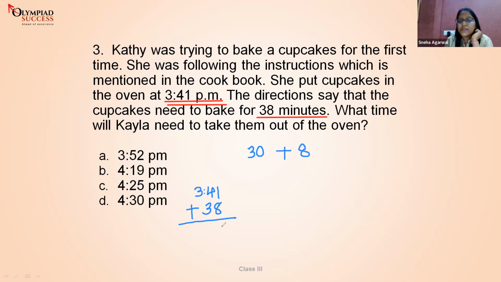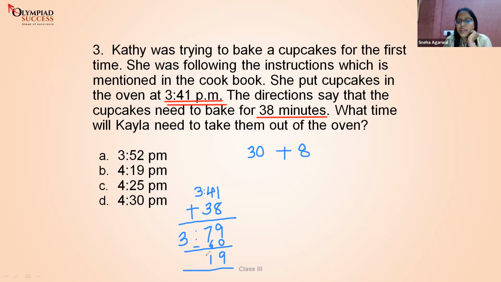This is 8 plus 1 as 9, and 4 plus 3 becomes 7, and this is 3. So do we have 379? No. After 60 minutes, the hour changes, right? So now if you subtract 60 minutes from it, 79 minutes, right? 9 minus 0 would be 9, 7 minus 6 would be 1.